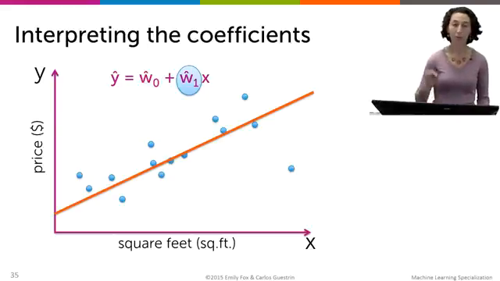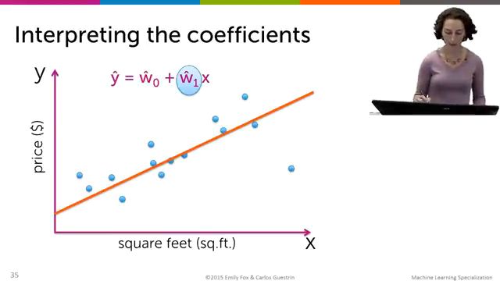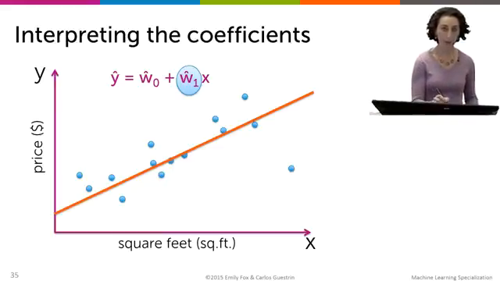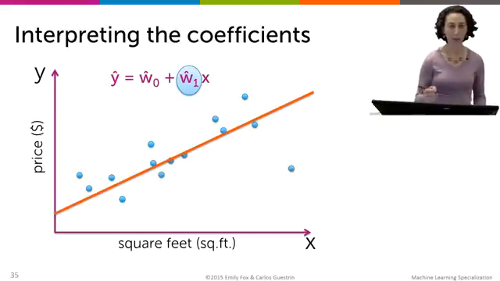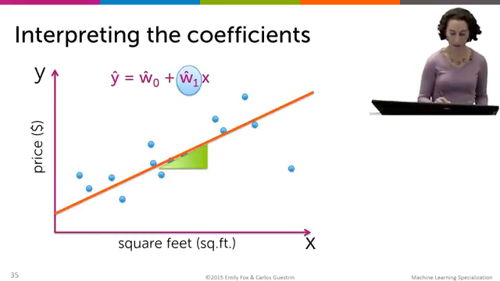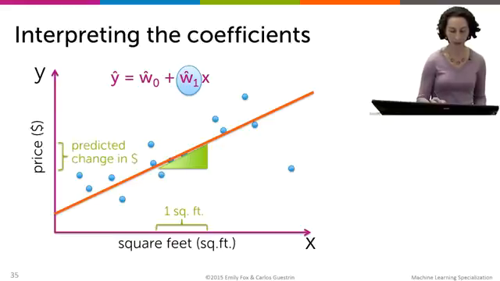Okay, we'll talk more about that in the next module, but I also want to talk about w hat 1, which is our estimated slope, and that tends to have a bit more meaning associated with it. So the estimated slope, I'm highlighting with this green triangle here, saying that per unit change in our input, so for 1 unit, so 1 square foot, what's our predicted change in the value of the house?